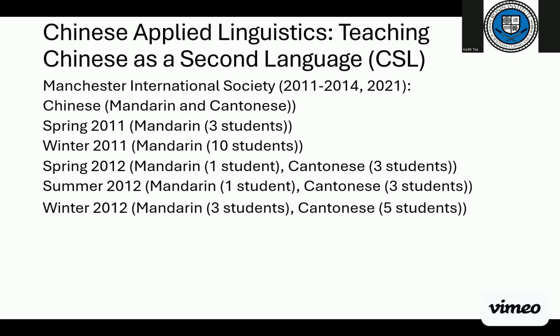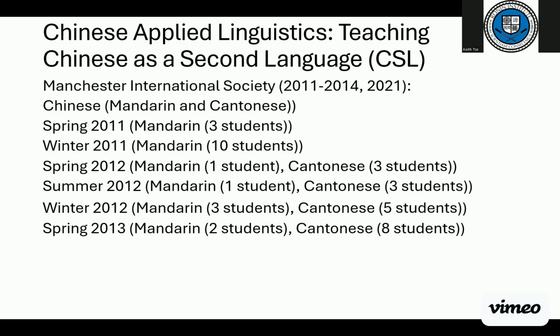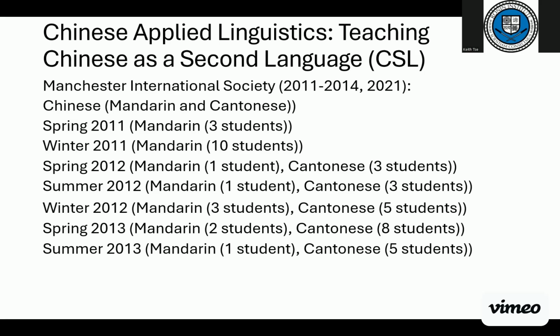In the winter term, I had five students of Cantonese versus three students in Mandarin. In 2013, I had a big group. It was eight students of Cantonese versus two students of Mandarin. In the summer term, I had five students of Cantonese versus one student in Mandarin. And finally, in the COVID time, where I offered Mandarin online, I only had one student of Cantonese.